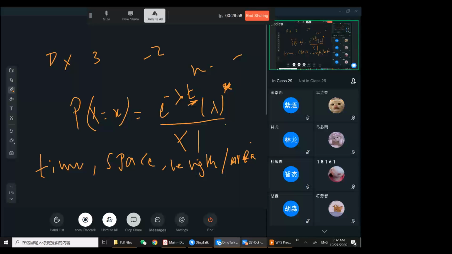Those numbers of accidents can vary, right? Whereas in length, an example is that I'm producing textile, the clothes, and I can say that in 1 meter of cloth, the machine is producing how many defects, how many flaws. We'll see an example of this as well. So that's how we define the Poisson distribution with time.